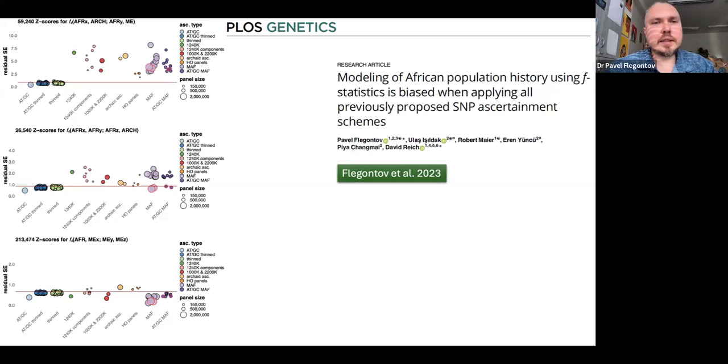And let's say the 1240K panel shown in green here. This panel is a non-principled construct, actually, although it may sound in some papers that it was constructed in a very principled way.